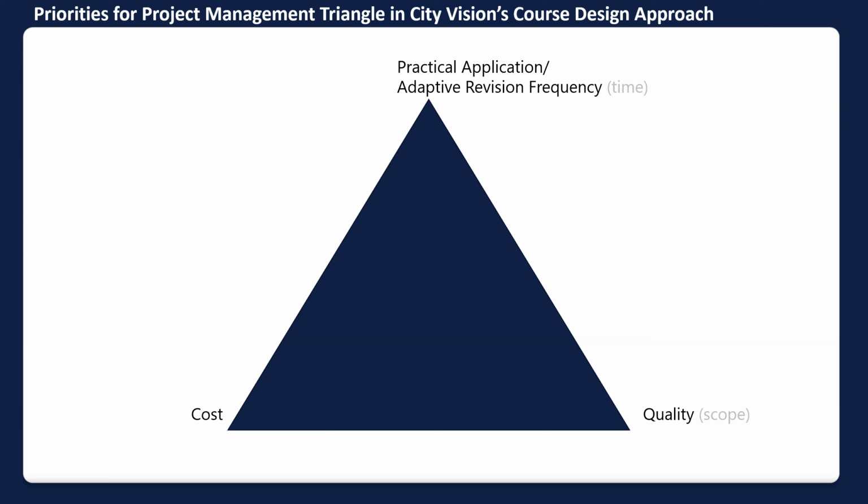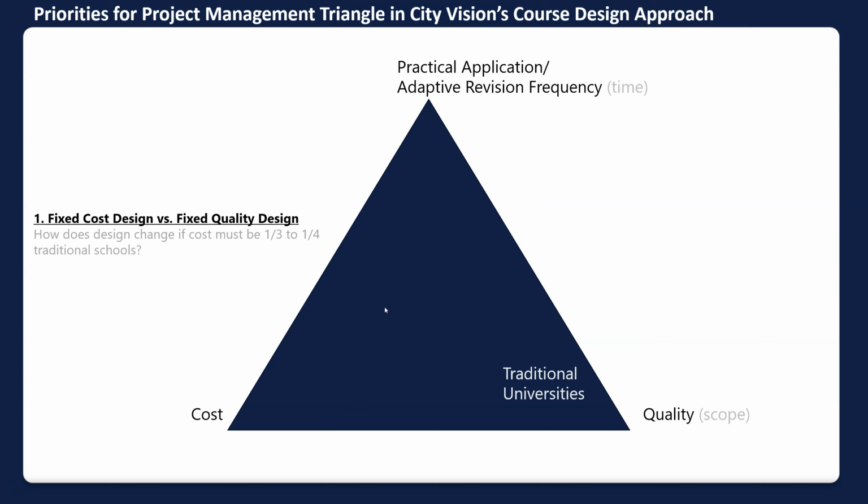But if you want something done quickly, then often that's going to cost you more, or you're going to have to take down the scope of what you're planning on doing. So this is important in terms of design, because the priorities of your organization and your culture and your price points are really going to affect where you go on this triangle.